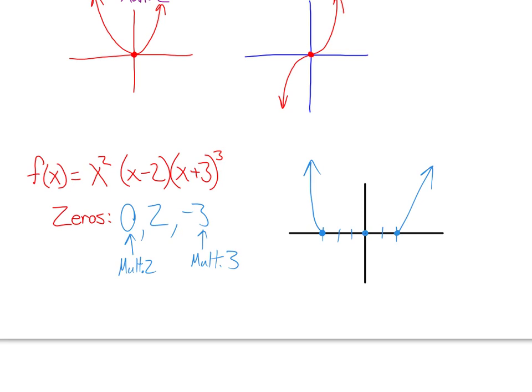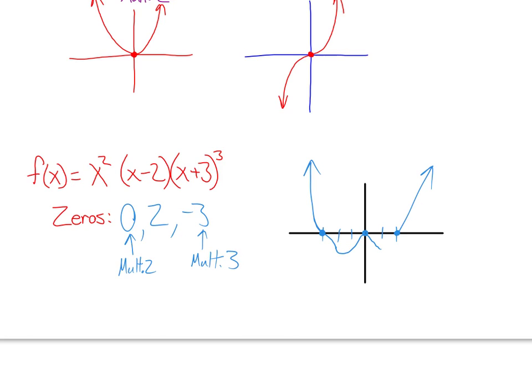Doesn't that have to level off or something? Yeah, so now we can look at our multiplicities. As we go to -3, you see it's leveling off a little bit here, but it is going to go through. As we approach 0, it's going to level off, and it's going to bounce back.